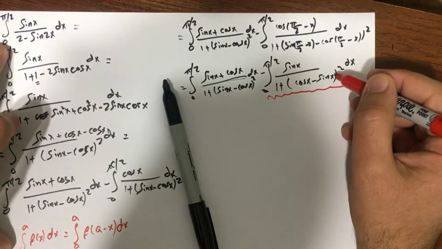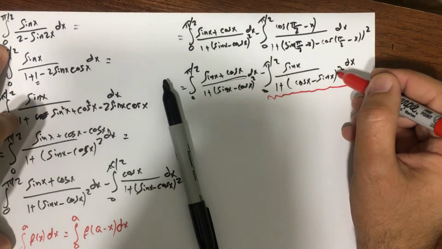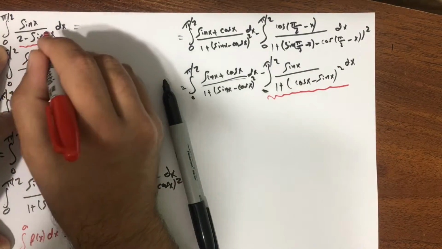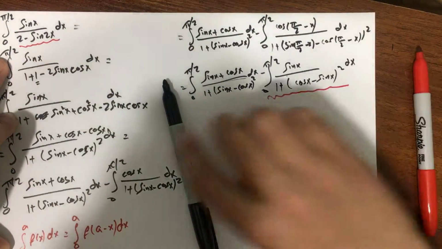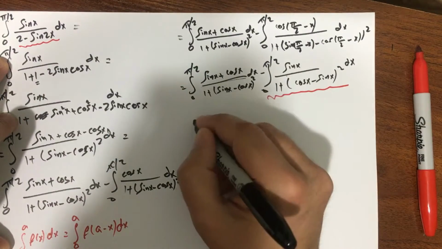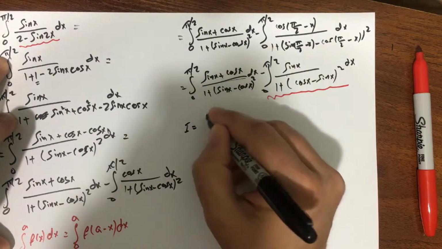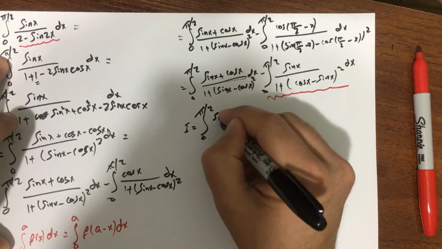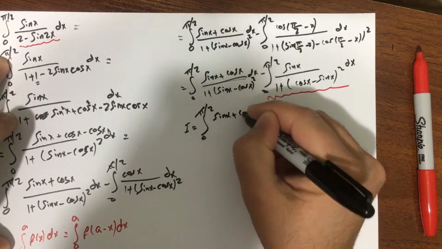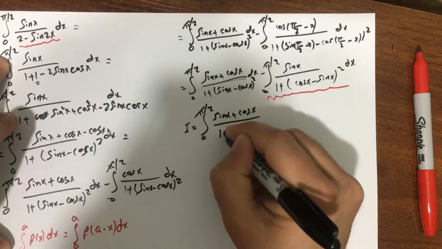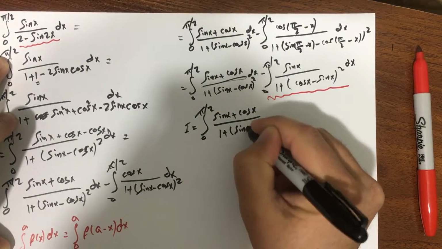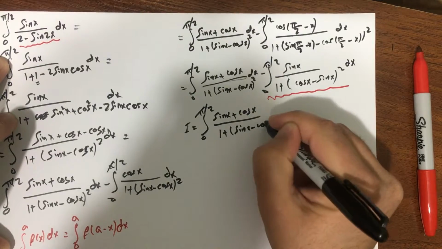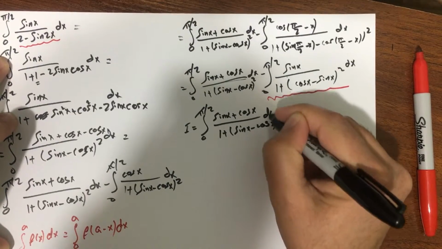This is the same as sine x over 2 minus sin 2x. So if we have our original integral equals I, then we have I equals the integral from 0 to pi over 2 of sine x plus cosine x over 1 plus sine x minus cosine x squared dx.